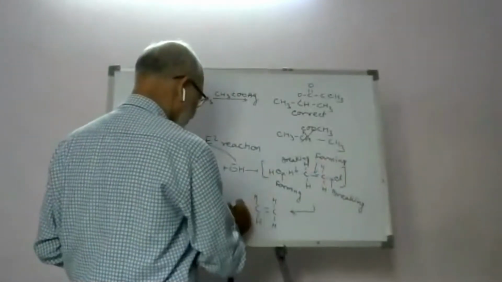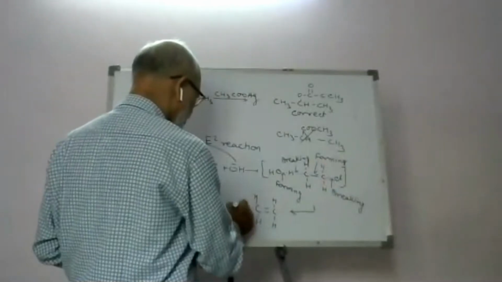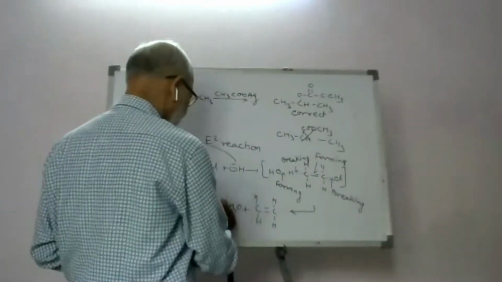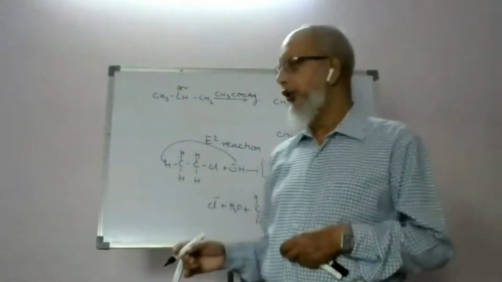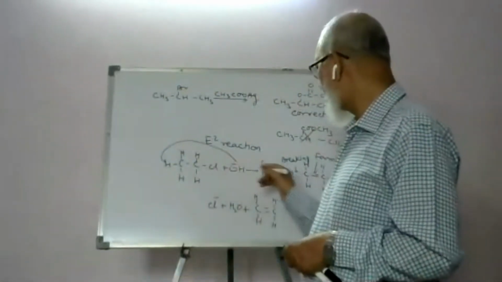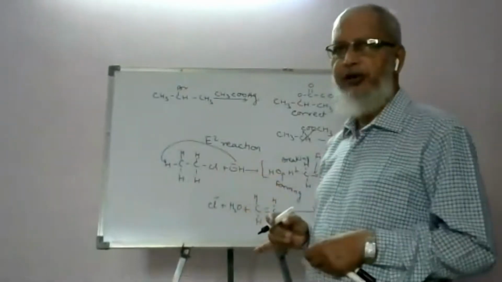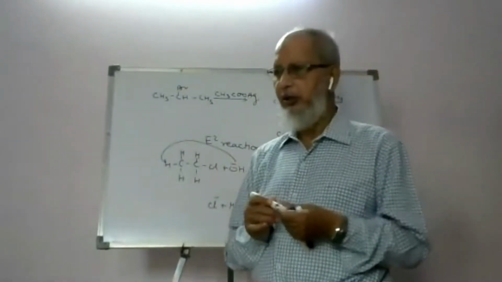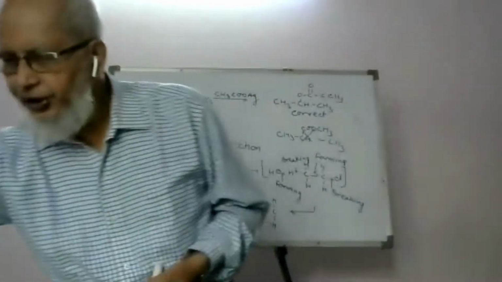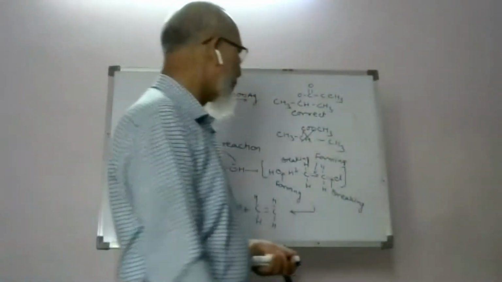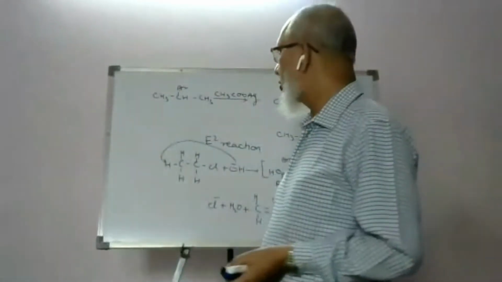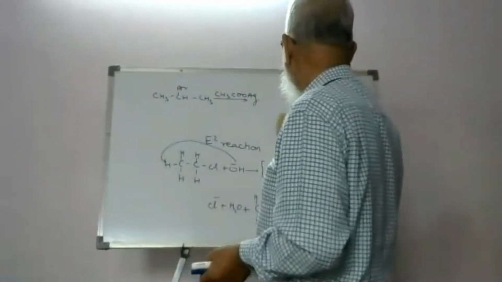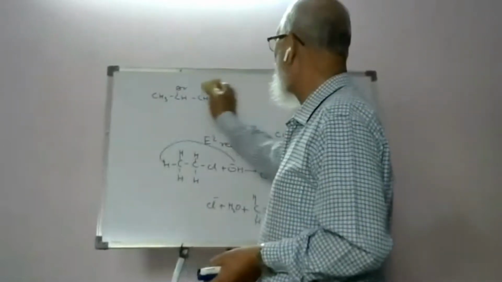So this will be H2O plus Cl minus. So I thought to tell you that these mistakes must be rectified, which I had made in my previous lecture. Sorry for this. Now let us start aryl halides.